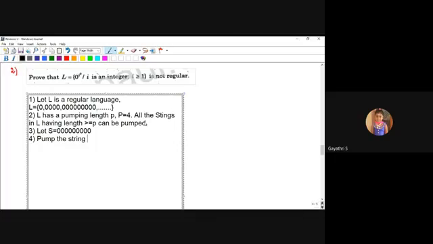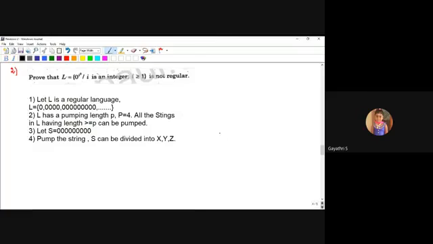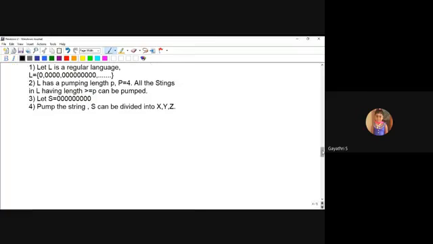Pumping the string means S can be divided into X, Y, Z. This is the essential basic step.